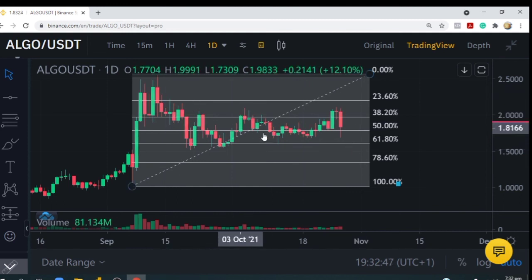From this particular point, we can see that the 61.8% Fibonacci retracement is a very good point. So if we want to enter this market here, we can just set our trade here and wait for the market to get to that point, and then from there it will go right up. So that is how to use the Fibonacci retracement.